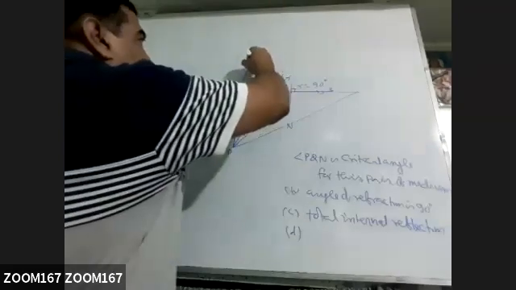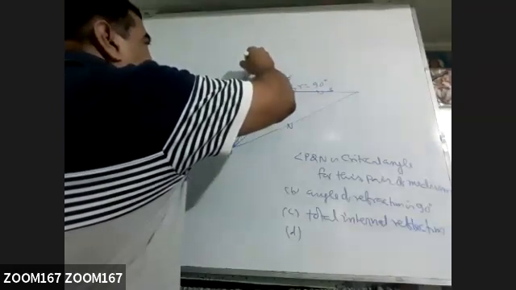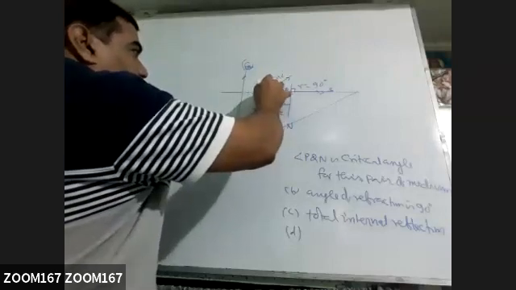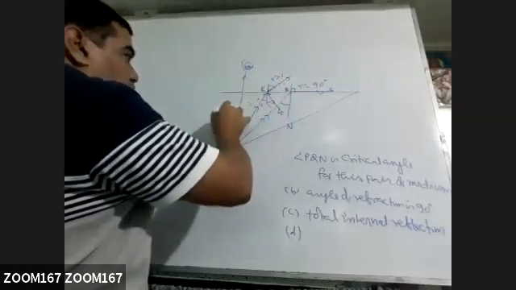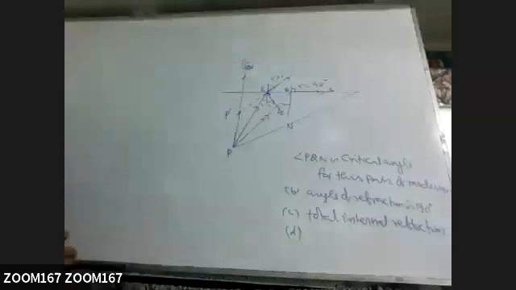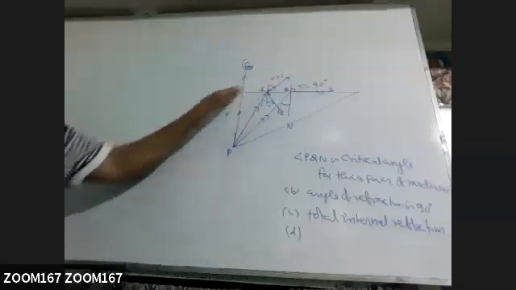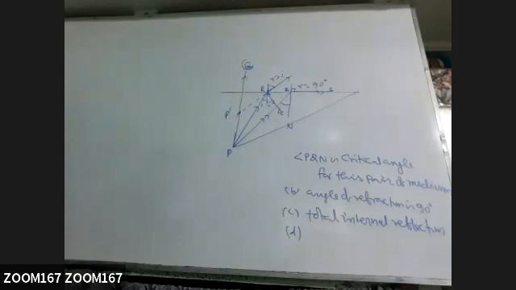If we are viewing from here, the image will be somewhere here. P dash will appear somewhere here. These refracted rays are produced back, so the image will be somewhere here. Okay.